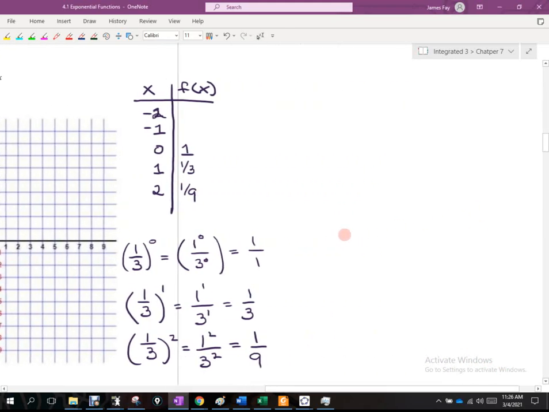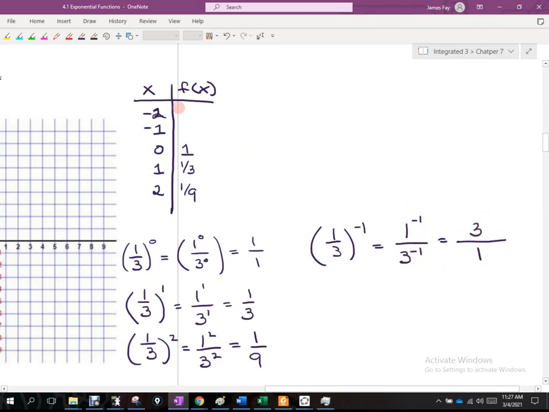Now if I go 1/3 to the -1, we talked about how that is 1 to the negative first over 3 to the negative first, right? Remember doing that? Do I like negative exponents? So where is this one going to go? To the bottom. Where is this one going to go? To the top.